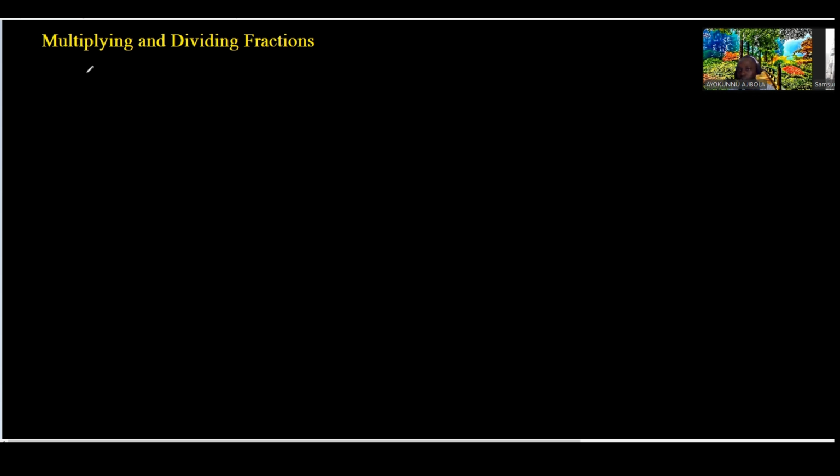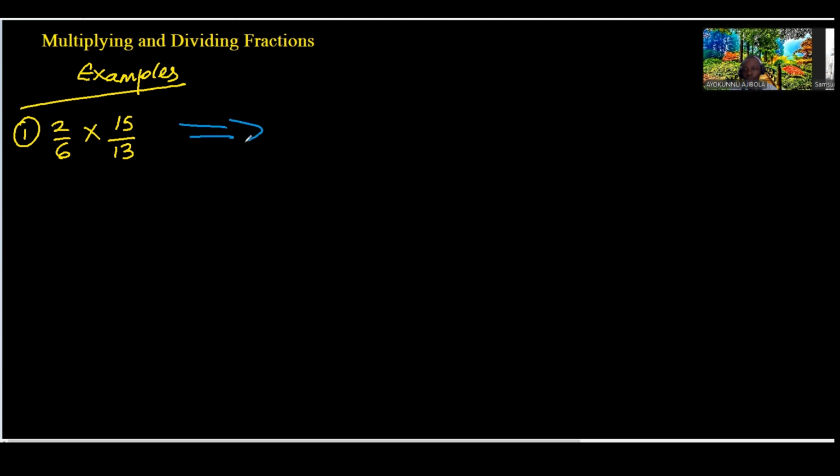For example, let's look at these examples. Number one, we have 2 over 6 times 15 over 13. Ideally, what I'm supposed to do is say 2 times 15, and 6 times 13.